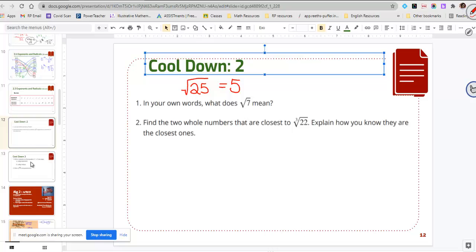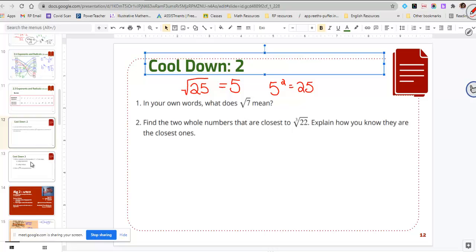So another way to think about that is that 5 squared equals 25. So when we're looking for a square root, and I love that we can make some connections to more solid numbers that are more familiar, when we take the square root of 25, we're looking for what number times itself can get us to that 25. So that's what that radical symbol is telling us.